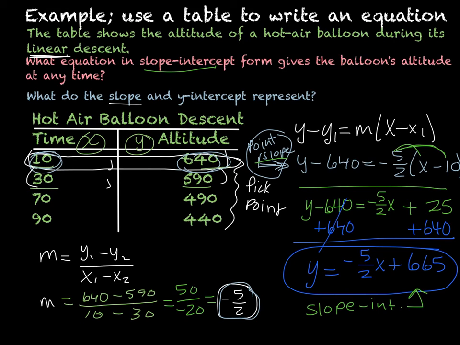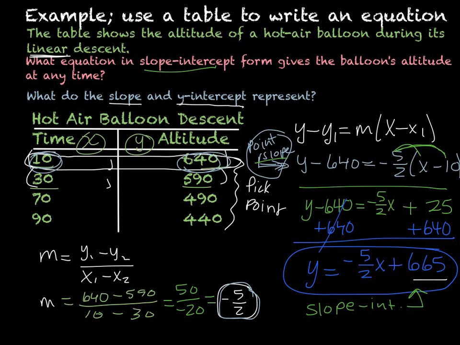Now, what do the slope and y-intercept represent? The slope, since it is a negative number, means the hot air balloon is going down at a rate of 5 meters per second. And the y-intercept means that the starting altitude is 665 meters in the air.